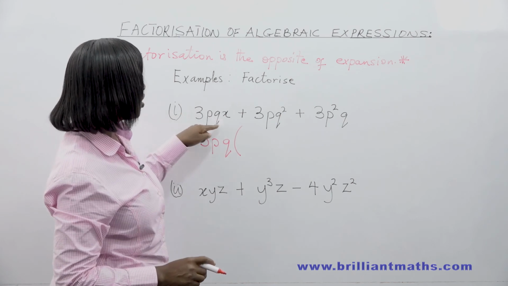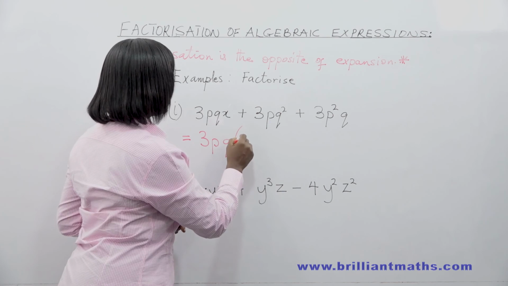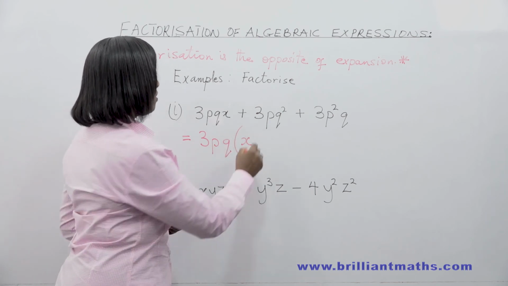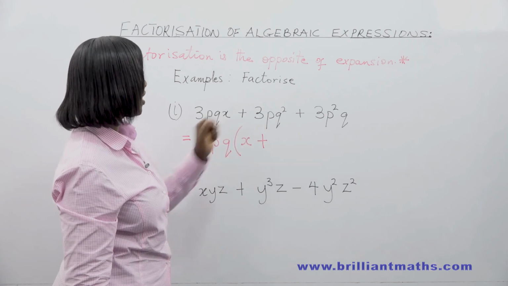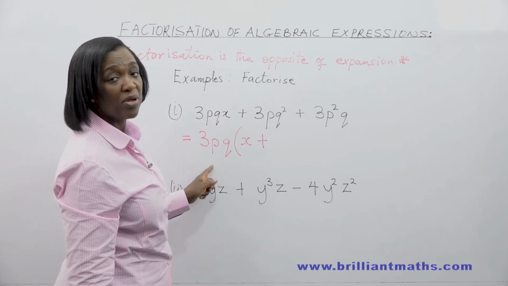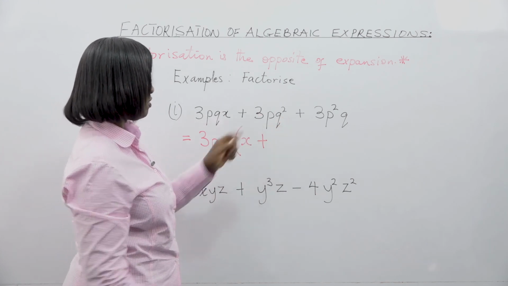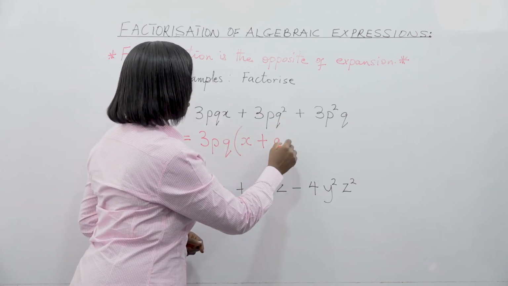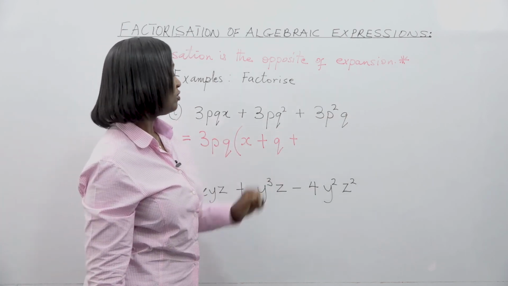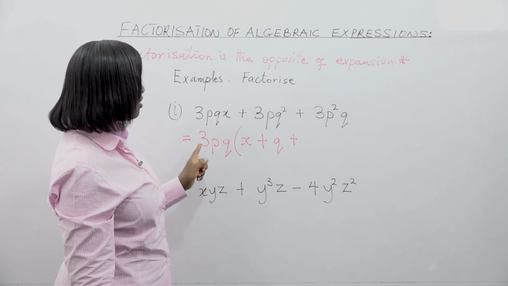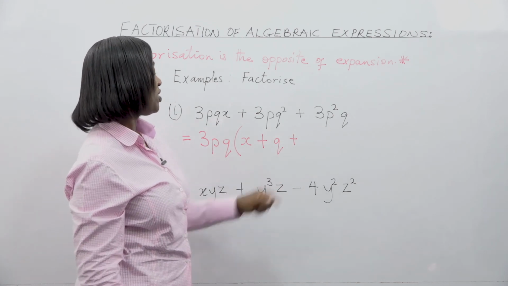So 3pqx divided by 3pq will leave us with just x plus 3pq squared divided by 3pq would leave us with q plus 3p squared q divided by 3pq would leave us with a p.